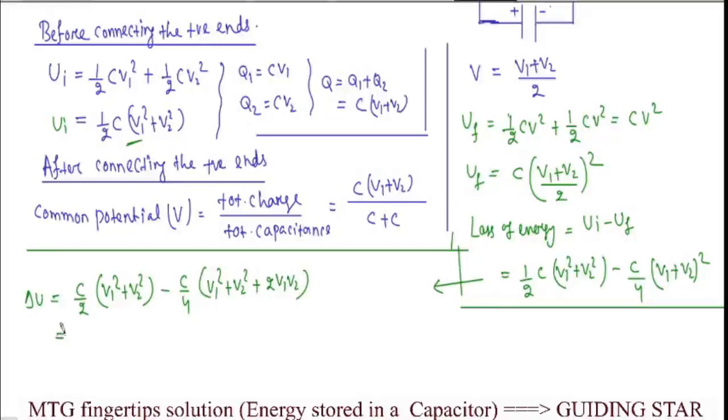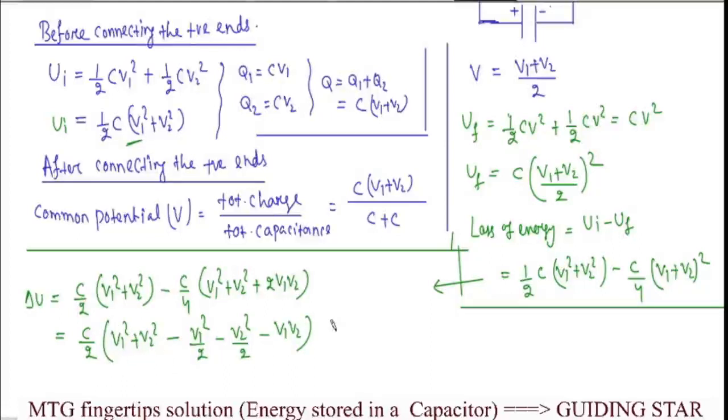Clear? So what we'll be doing, we'll be taking C by 2 outside. So it will be V1 square plus V2 square minus, here half will remain. Clear? So if half remains, and if we open the bracket, it will be minus V1 square by 2 minus V2 square by 2 minus V1 V2. Clear? So this is what we'll get.